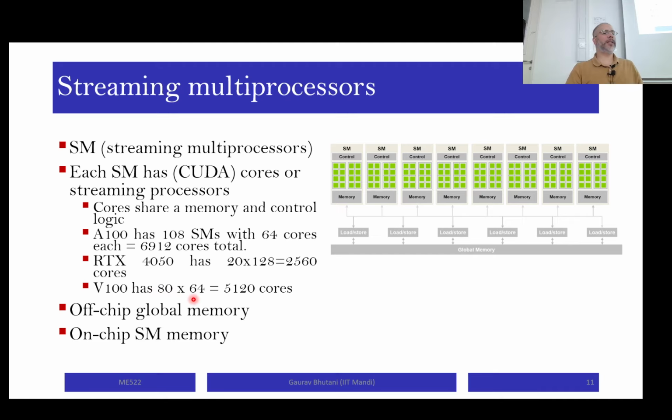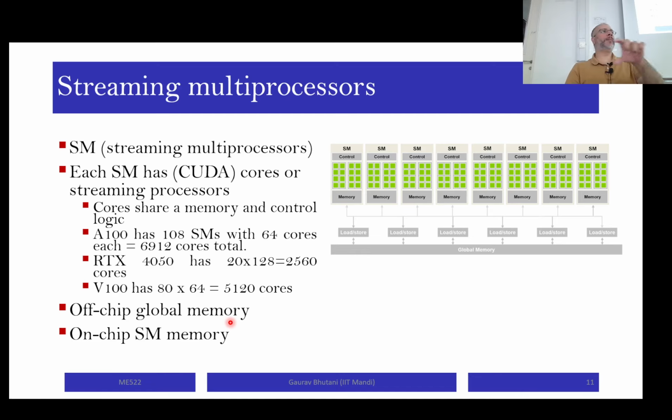A100, which is better than V100, has 108 times 64: 108 streaming multiprocessors and 64 cores on each. So architecture varies depending on the card that you have, but you need to have some understanding of that, as we will see later.